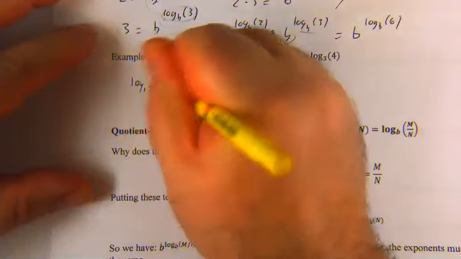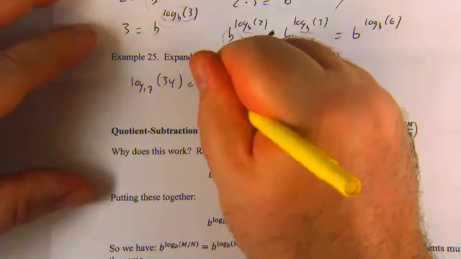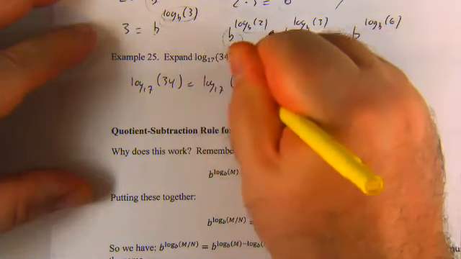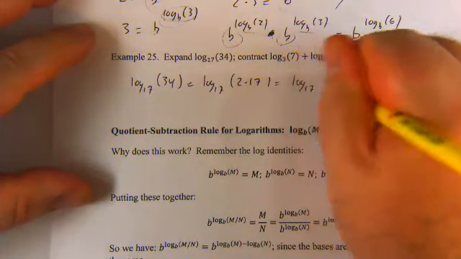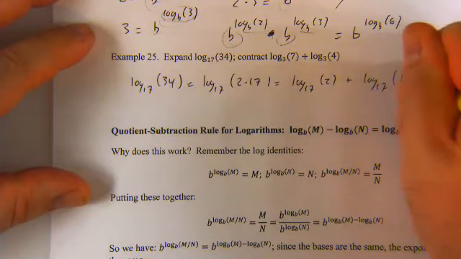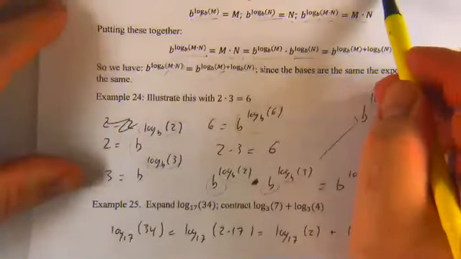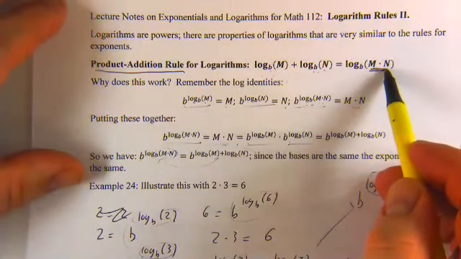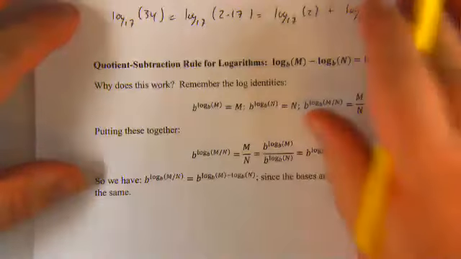Log base 17 of 34, what's that equal to? Well, 34 I can write as 2 times 17. That becomes log base 17 of 2 plus log base 17 of 17. Right? So if we have two things multiplied together inside the logarithm, we can break that apart into two logarithms added together.